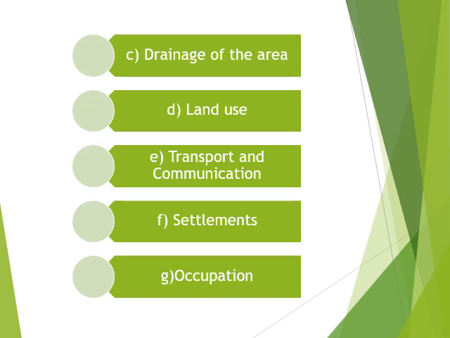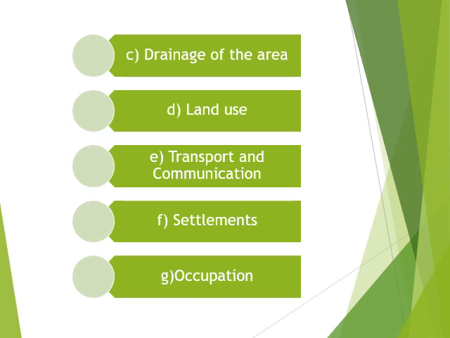The means of transportation include national or state highways, district roads, cart tracks, camel tracks, footpaths, railways, waterways, major communication lines, post offices, etc.